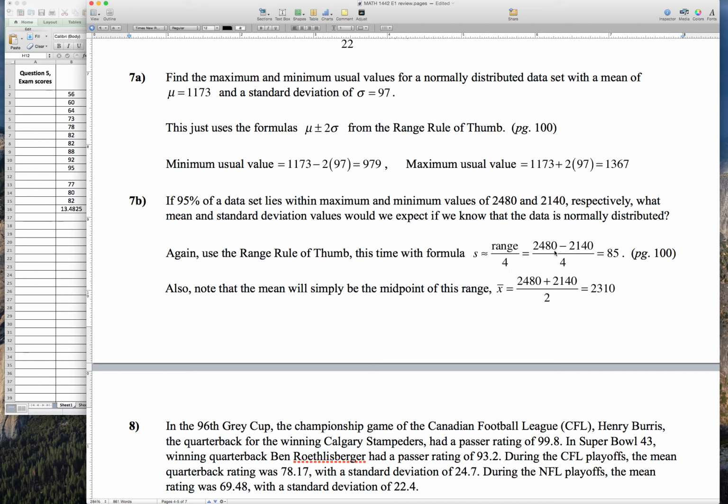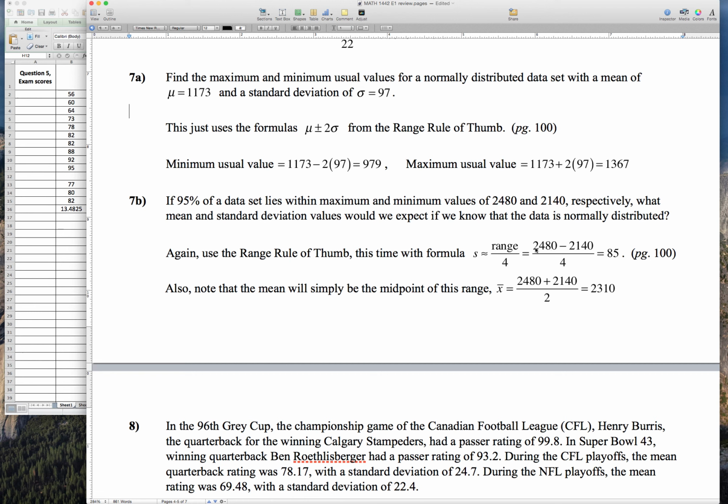So the maximum value minus the minimum value is the range. It's the range of usual values in this case. And so then we divide that by 4.